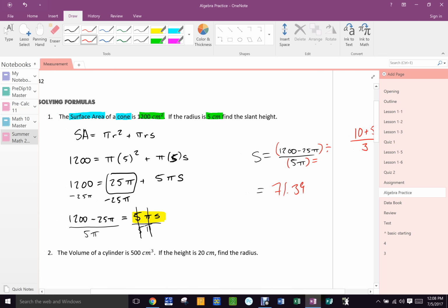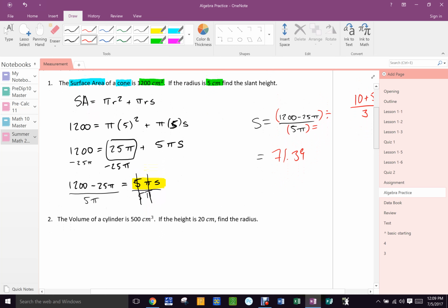Can everybody make their calculator work for them? Brooklyn. If I just rounded it up, and told me the answer was 71.4, fine, no problem. Couldn't care less.